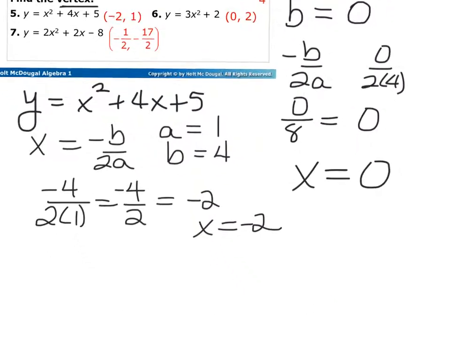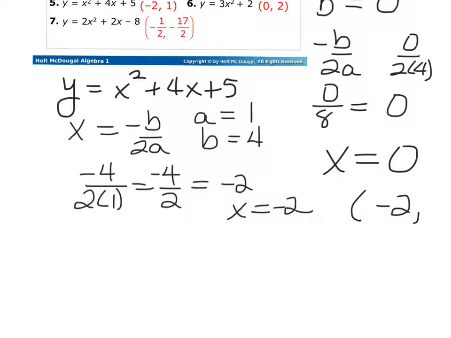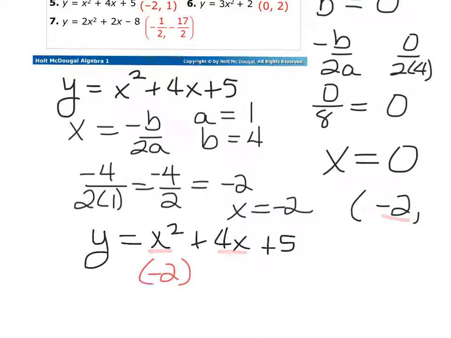And I've already started getting my first part of my vertex. It's -2. I now just have to get the y. And remember, to get the y, you take the original equation, and I'm going to replace both of my x's with the -2. -2 squared plus 4 times -2 plus 5.